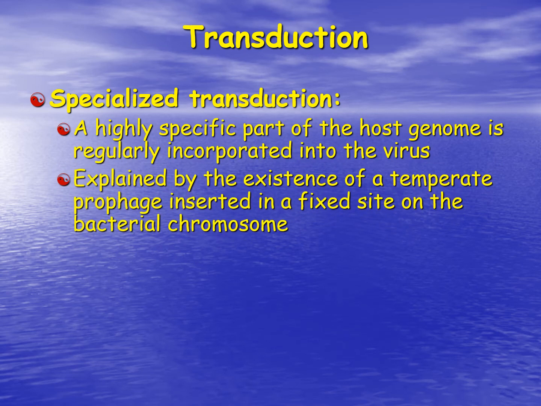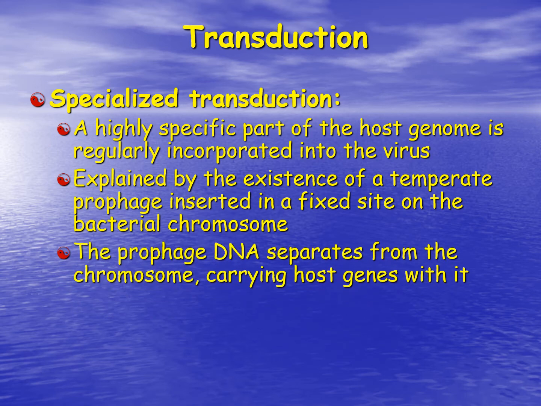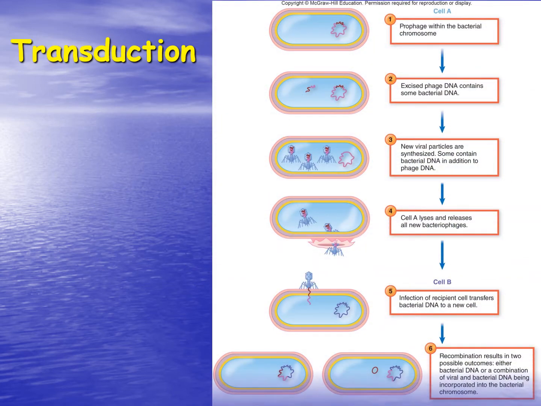This is explained by the existence of a temperate prophage that's inserted in a fixed site on the bacterial chromosome. In other words, what we can see is even in normal bacterial cells, a small amount of the bacterial chromosome is actually viral in origin. So the prophage DNA separates from the chromosome and can carry the host genes with it.